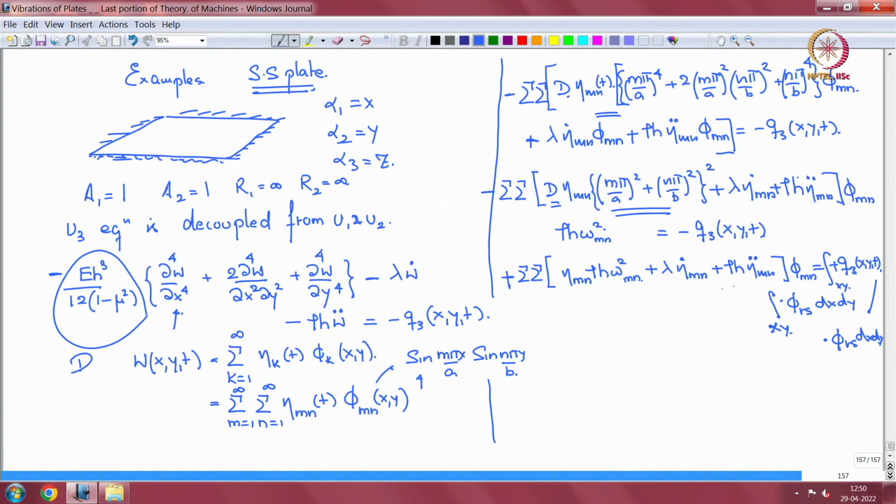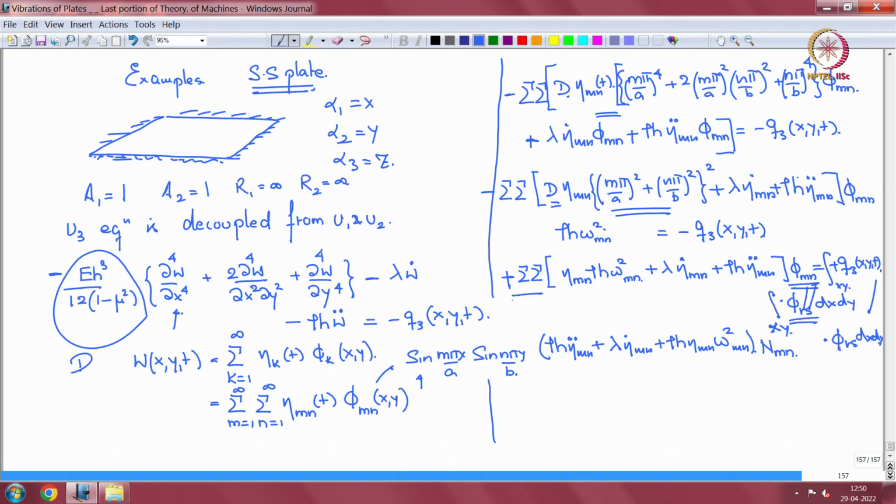So I get rho h eta mn double dot plus lambda eta mn dot plus rho h eta mn omega square mn, okay, and we will call this nmn. Why? Because mn and rs are orthogonal unless m is equal to r, n equal to s. Okay.